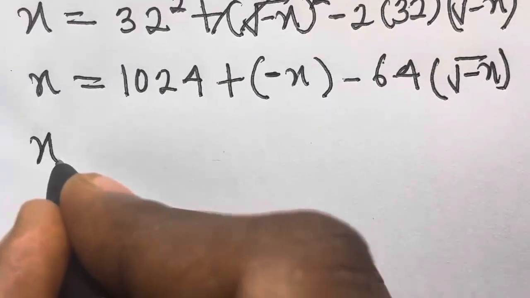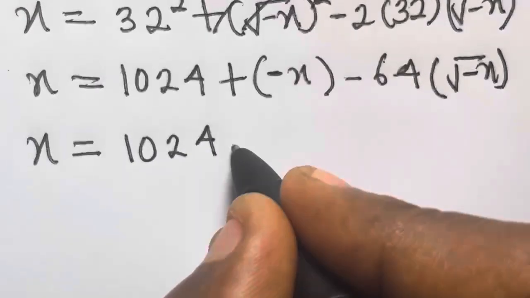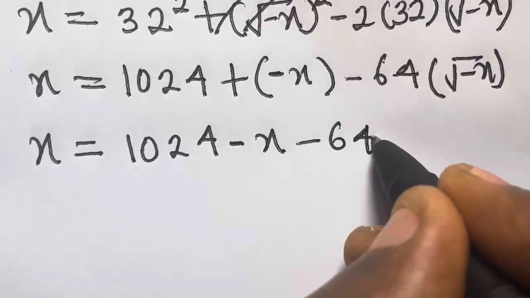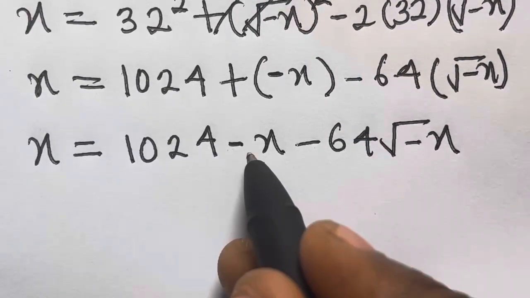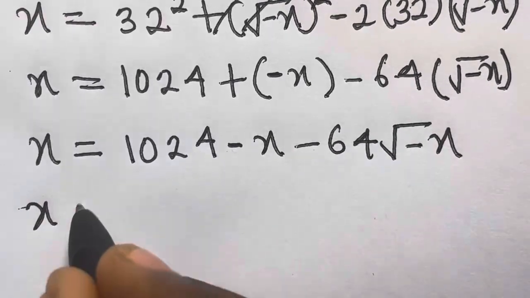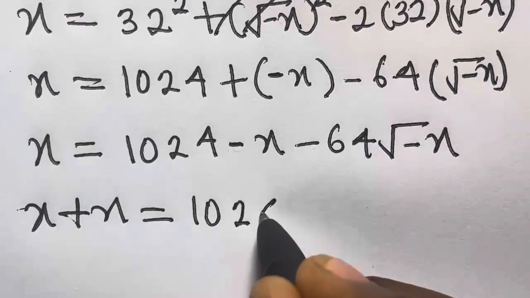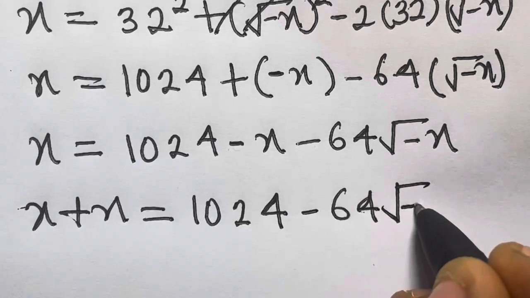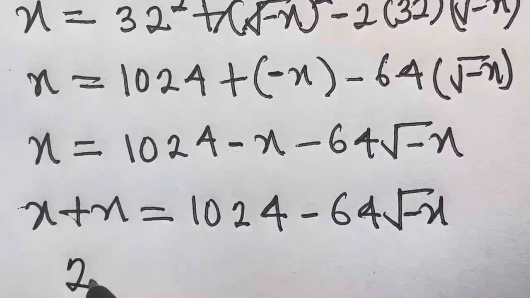So this becomes x equals 1024 minus x, minus 64 square root of minus x. So we can transfer this x to this side. So it becomes x plus x equals 1024 minus 64 square root of minus x. So x plus x will give us 2x, right?